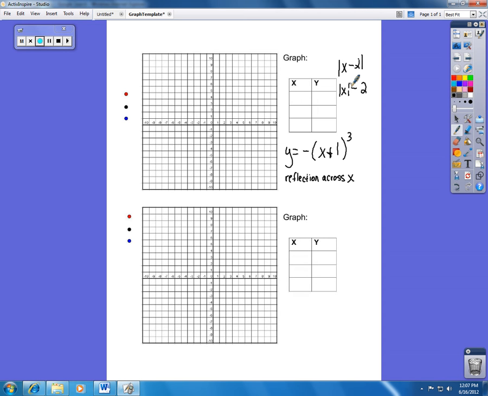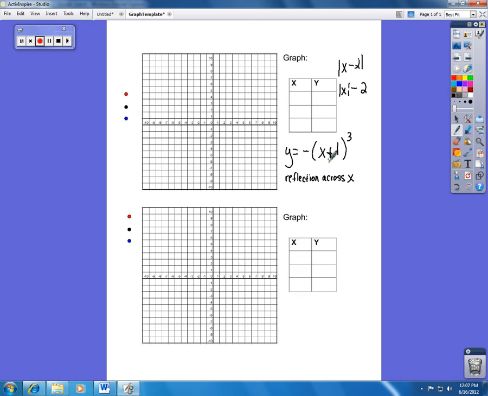Now, since this one is on the inside, we're looking at a horizontal shift, and since this is positive, it goes to the left. It's sort of the opposite of what you would expect for horizontal shifts. For vertical shifts, if it's negative, it goes down. If it's positive, it goes up. But for horizontal, it's the opposite of this sign.